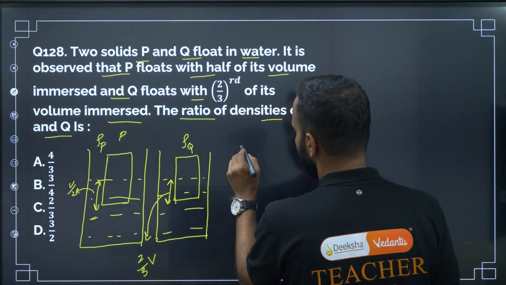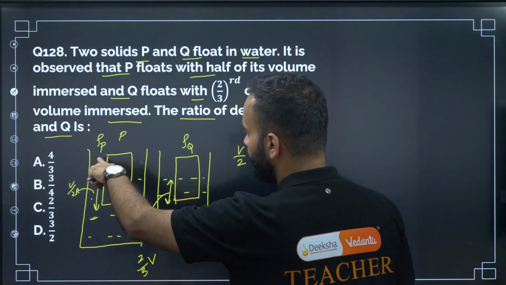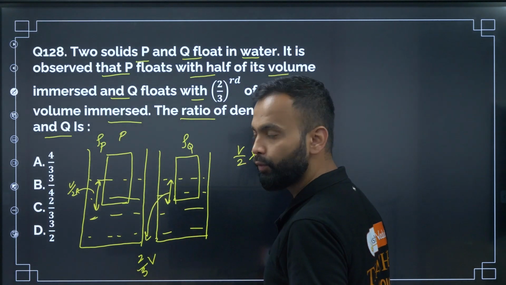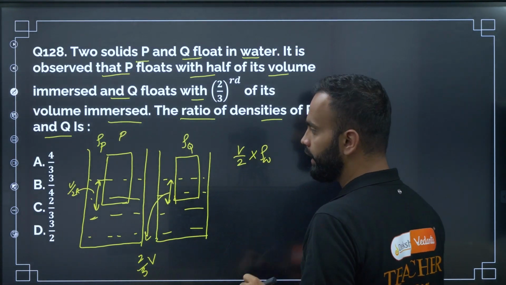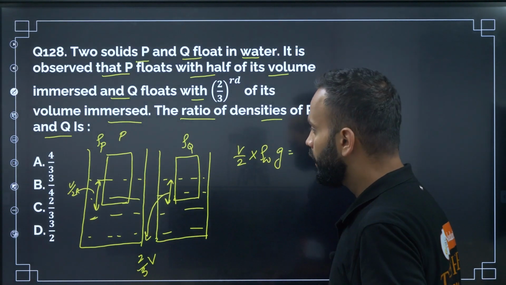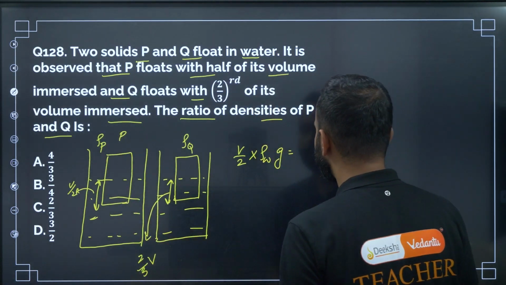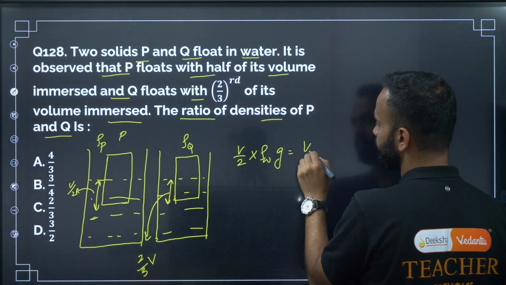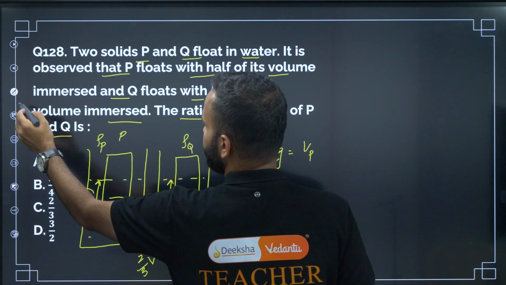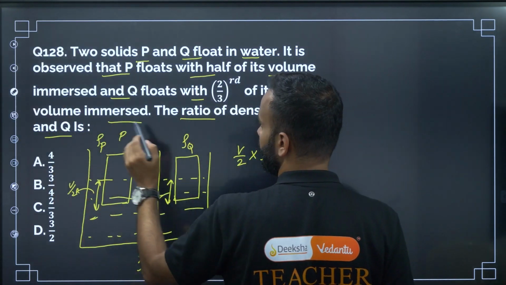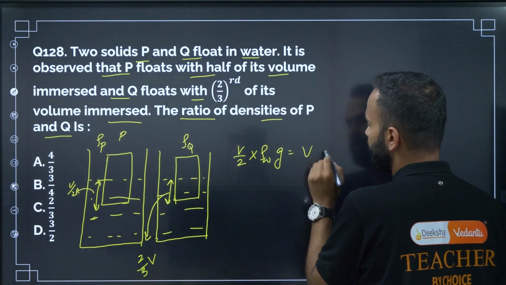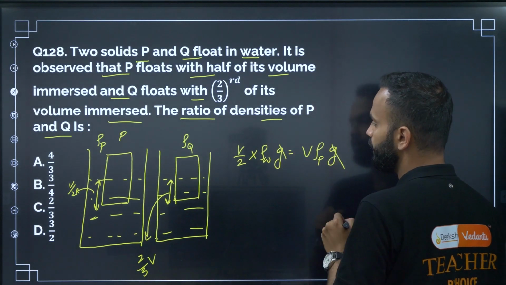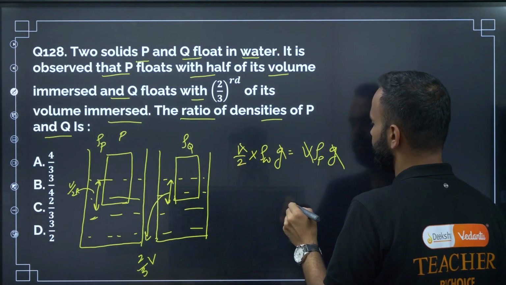Here the buoyant force is volume of the material P immersed in the water, V/2, into density of the water, rho W, into G, which is equal to gravitational force on this P. That is mass of the P, which is V into density of the material P into G. G will get cancelled, V will get cancelled, isn't it?